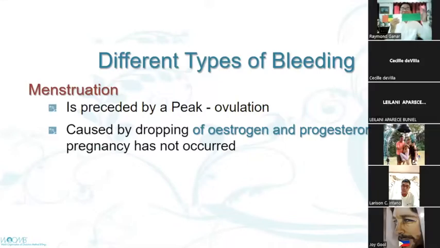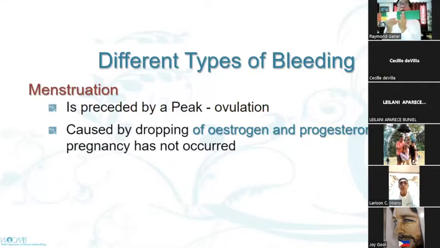Look at the slide rule that I am holding. During the luteal phase, both estrogen and progesterone are high. But progesterone is dominantly higher than estrogen. Both estrogen and progesterone are high, but take note, progesterone is dominantly higher than estrogen.